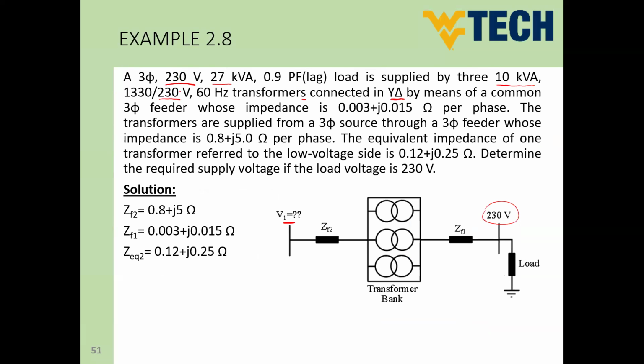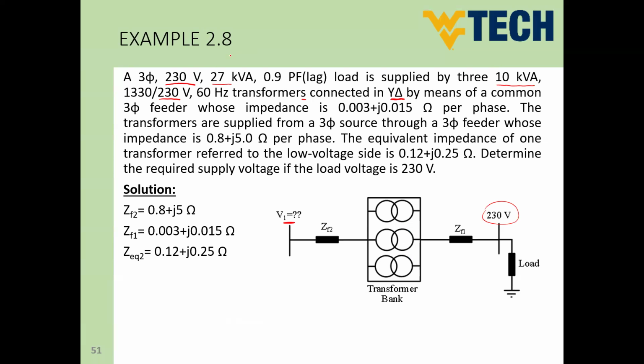We mentioned that if the three-phase volt and the single-phase transformer volt are the same, the connection has to be delta. So we can figure out that the transformer here is delta connected. Okay, so this is the first thing.